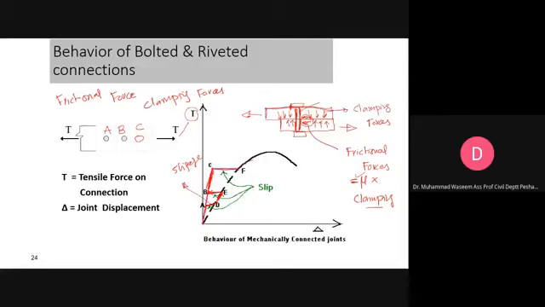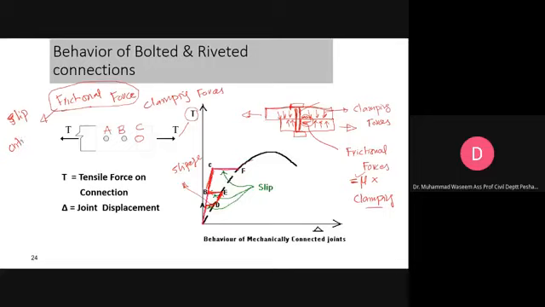पहले क्या होता है कि frictional force is exhausted, the fastener becomes engaged with the plate, and this connection becomes a bearing type connection. Once the load on the connection is resisted by frictional force, we call such connection slip critical connection.